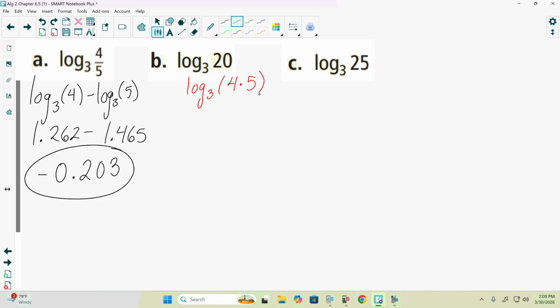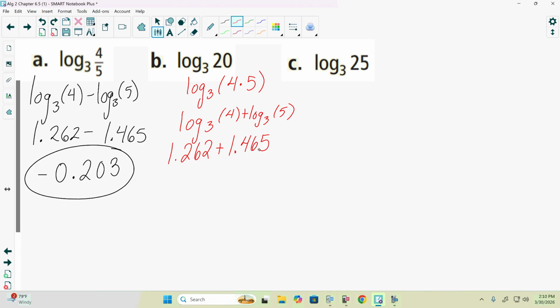Log base 3 of 20 would be log base 3 of 4 times 5, which would be log base 3 of 4 plus log base 3 of 5. Log base 3 of 4 is still 1.262. Log base 3 of 5 is still 1.465.